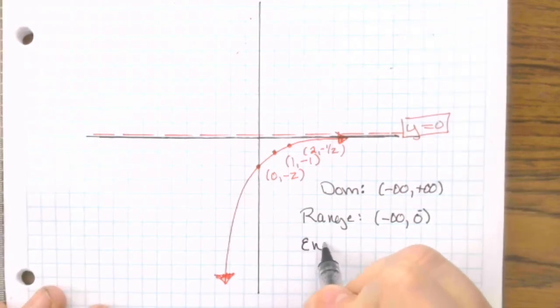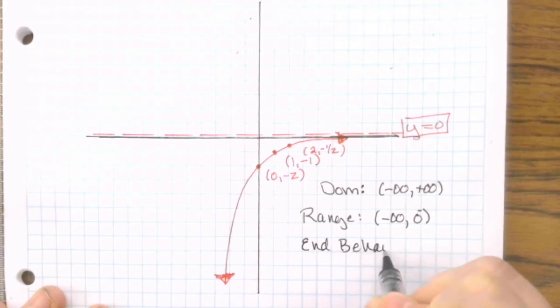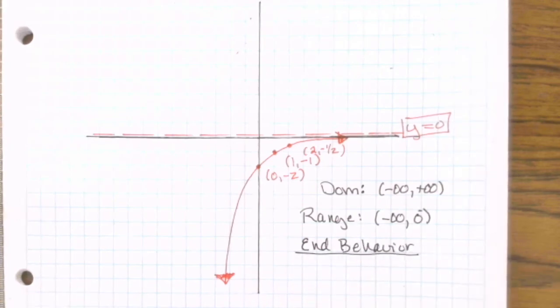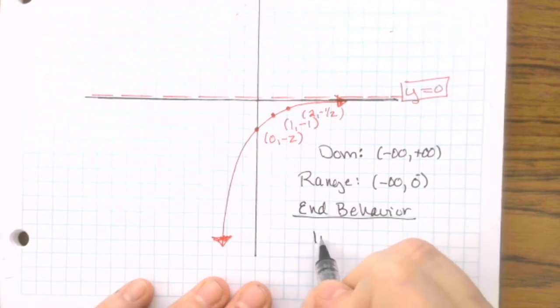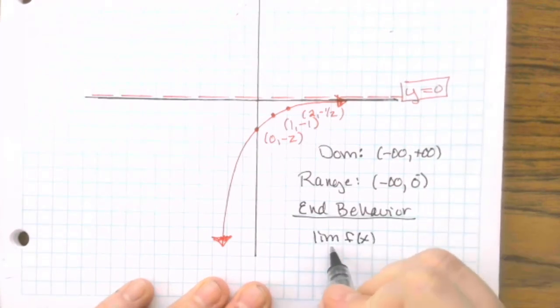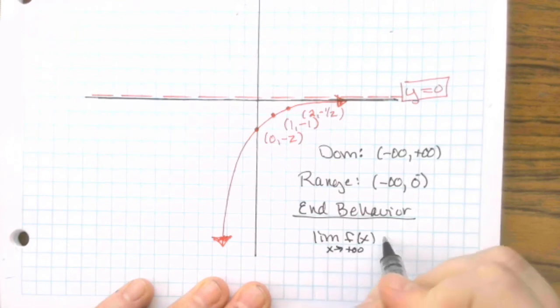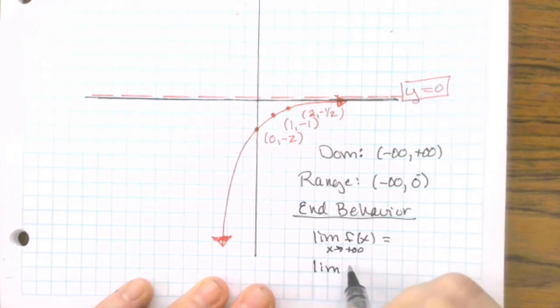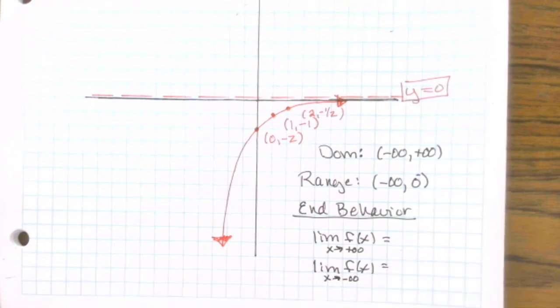Okay, end behavior. So we're going to use limit notation. So the left side is always the same no matter what problem. The limit of f of x as x approaches positive infinity. The limit of f of x as x approaches negative infinity.